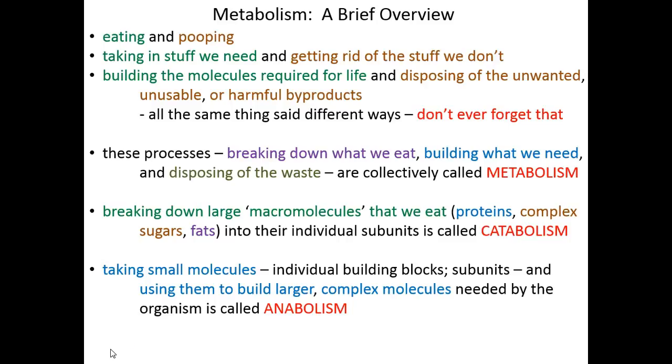You need proteins. You need human proteins. So what you do is you eat those plant proteins, you digest them down to their basic building blocks, you digest them down to their individual amino acids, and then you use those amino acids to build the proteins you need. So that second branch of metabolism, the building molecules that you need, is called anabolism.